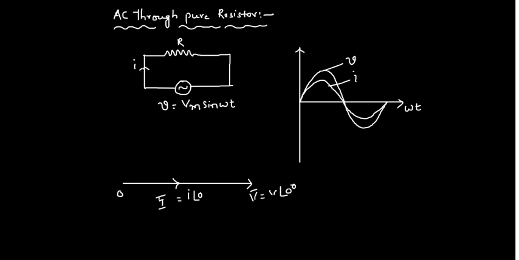There is no phase advancement or phase delay when an AC source is applied to a pure resistor. Here the current makes an angle 0 with the voltage, V at an angle 0 and I at an angle 0, so both are in phase with each other.